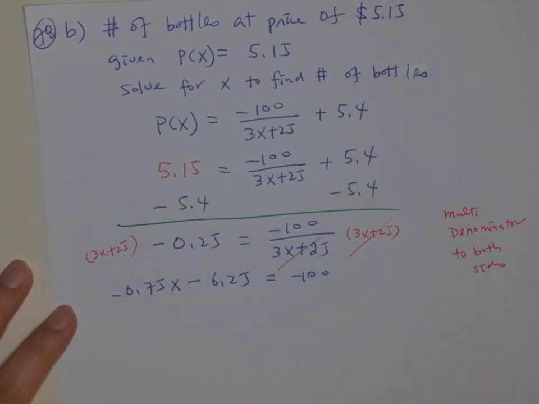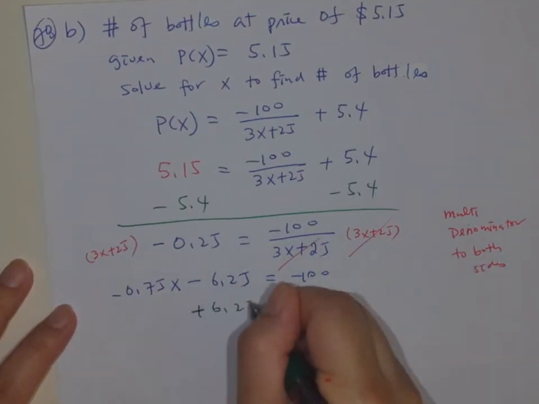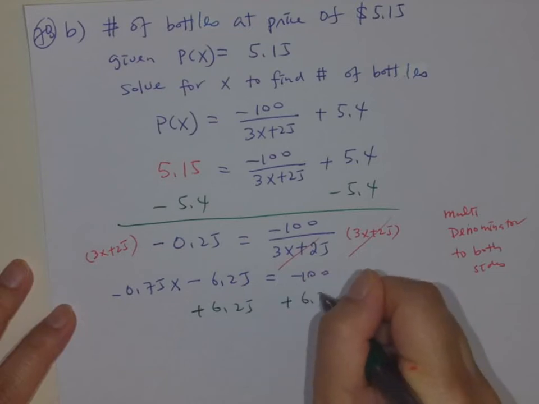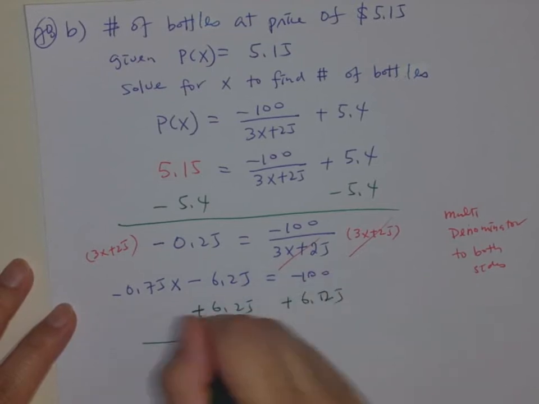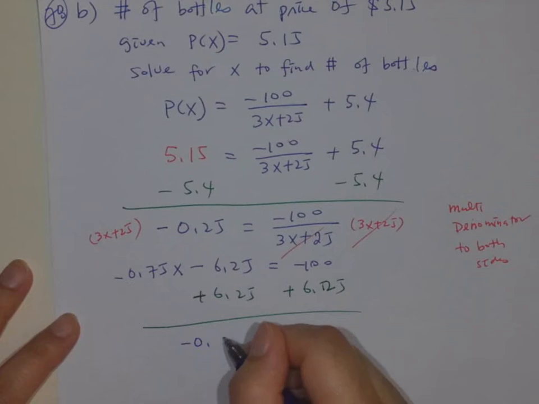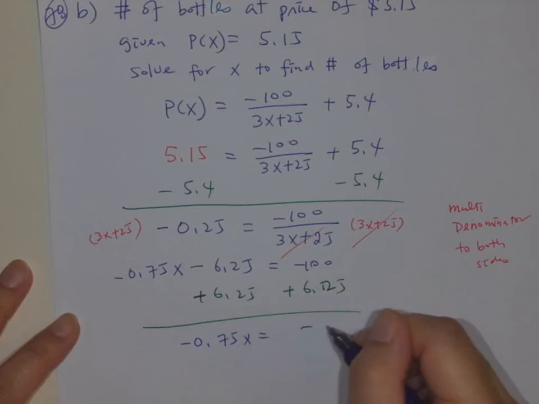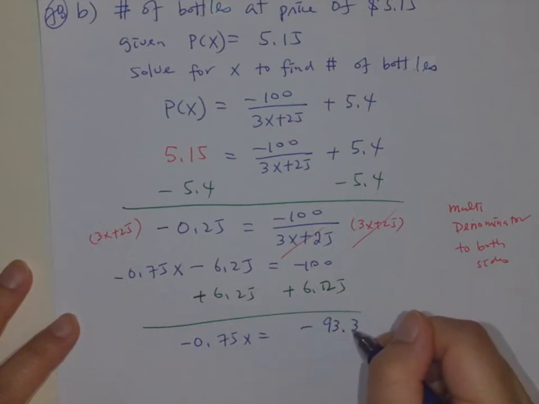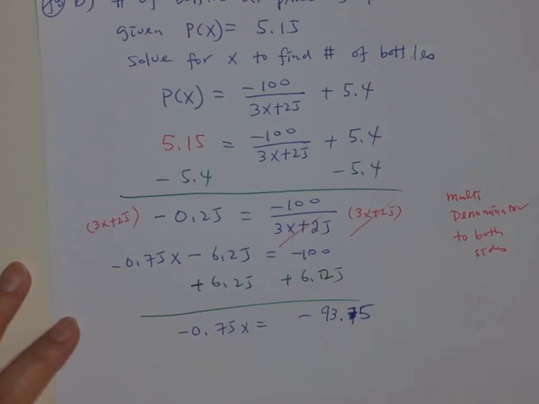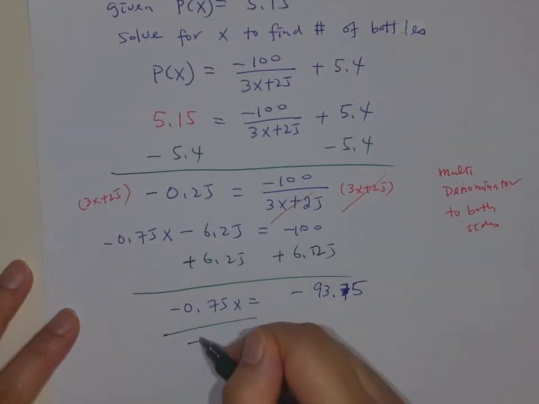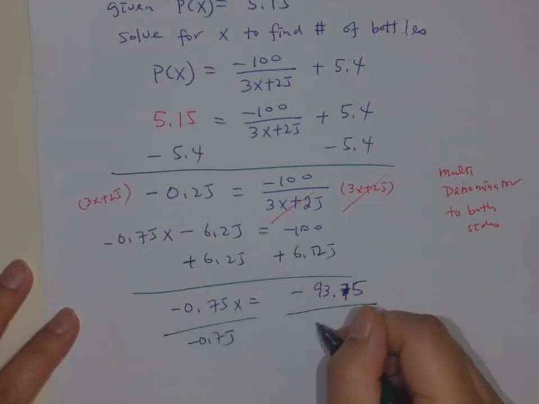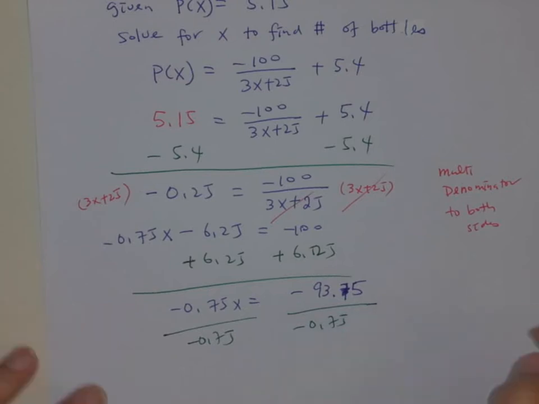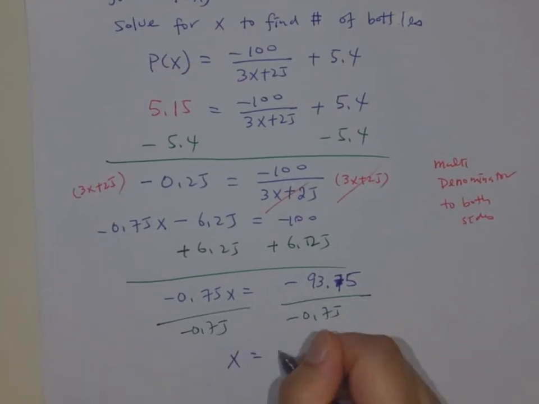Add 6.25 to both sides. Negative 0.75x equal to negative 93.75. Both sides need to be divided by negative 0.75. So x will be 125 bottles.